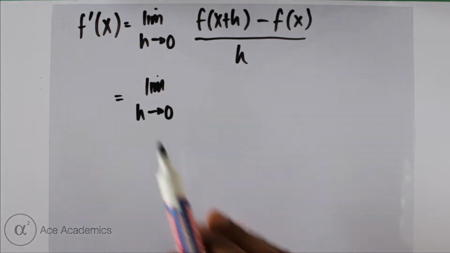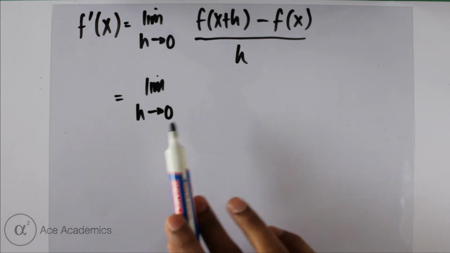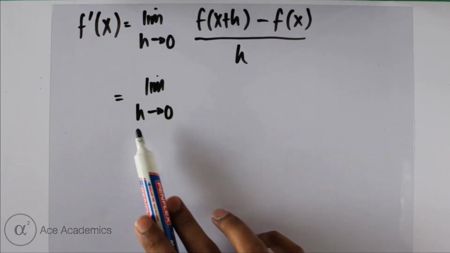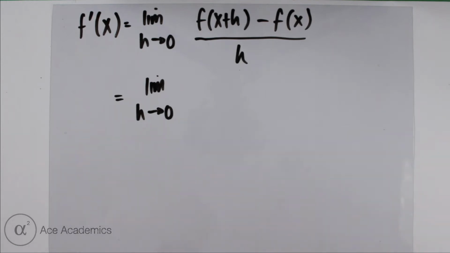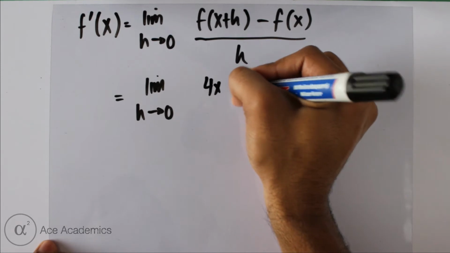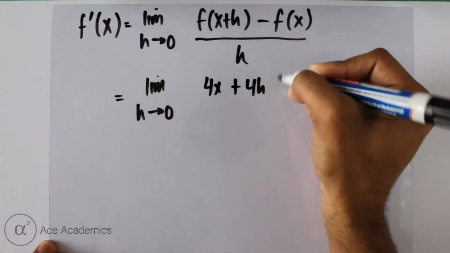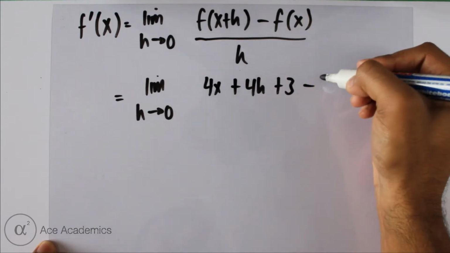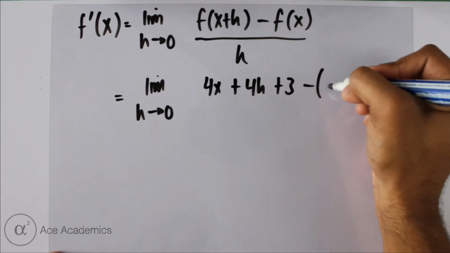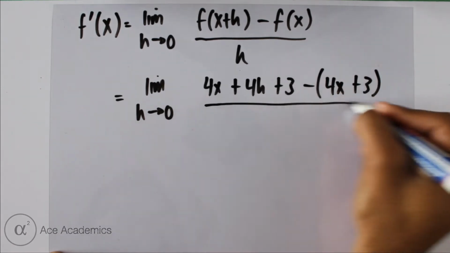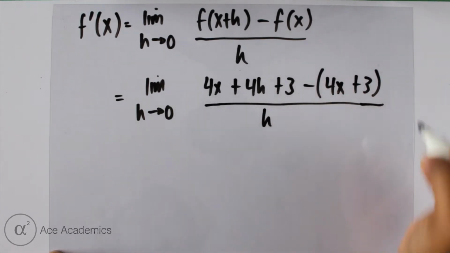Now just a reminder, we keep on writing the limit as h tends to 0 in every single step until we substitute in 0 for h. So f of x plus h was just 4x plus 4h plus 3, and then the minus sign and open our brackets, f of x was 4x plus 3. And this was all divided by h.